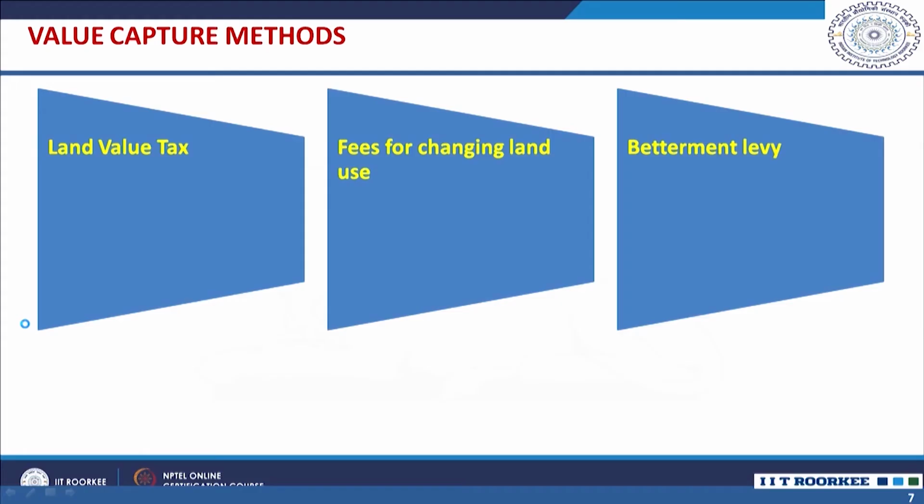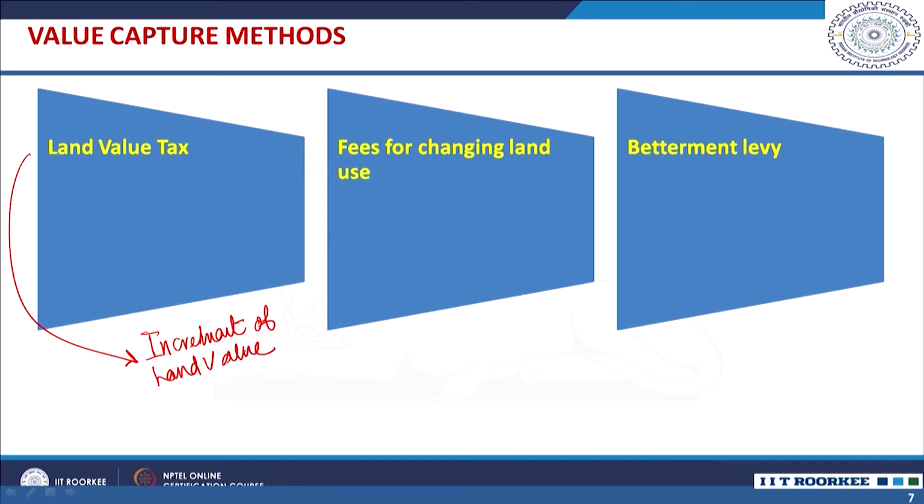Now, let us see what options are available in land value capture and how different those options are. First will be the land value tax. The land value tax is basically on the increment of any land value.